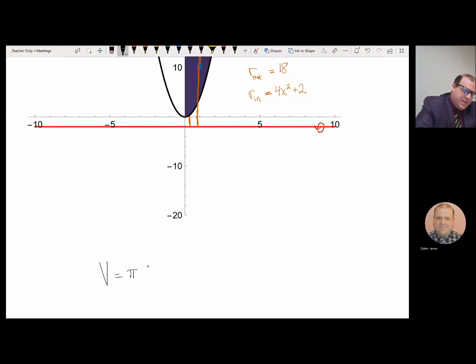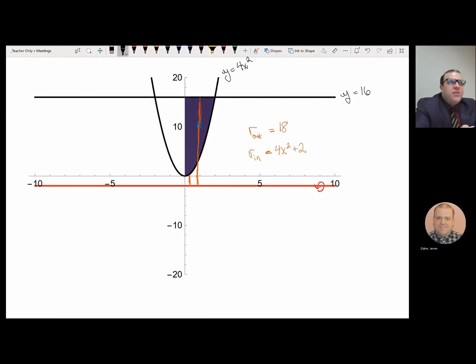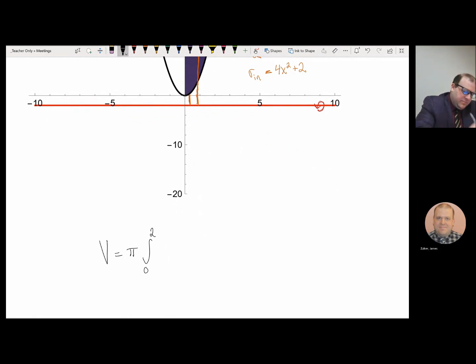Volume is then pi times the integral. We already said what the interval is going to be. 0 to 2. Right, we had to do that when we were doing the shaded part.